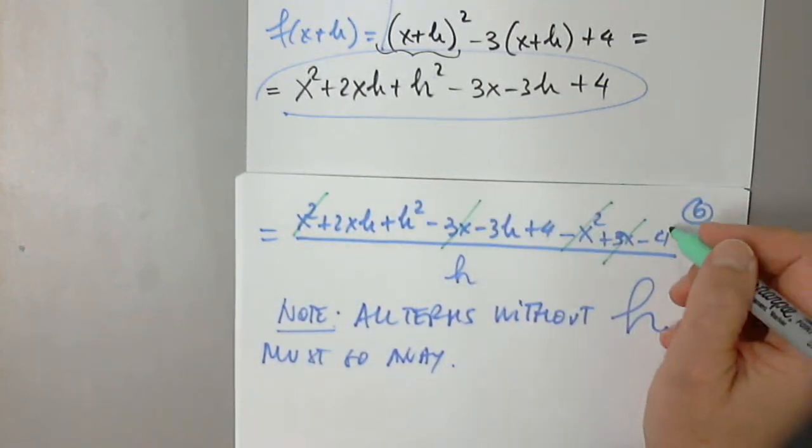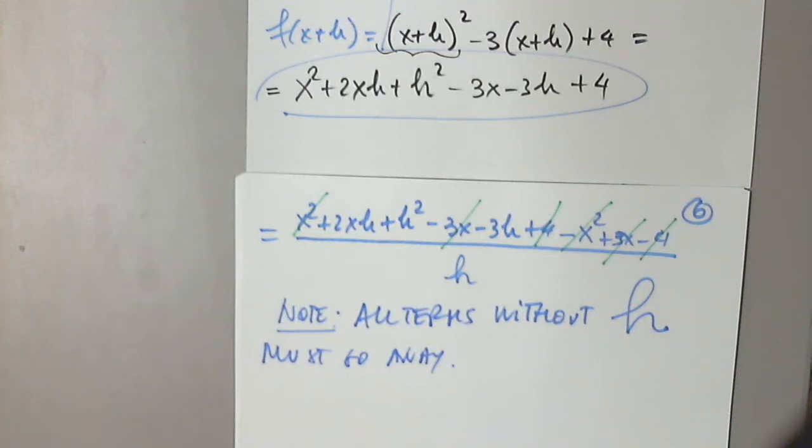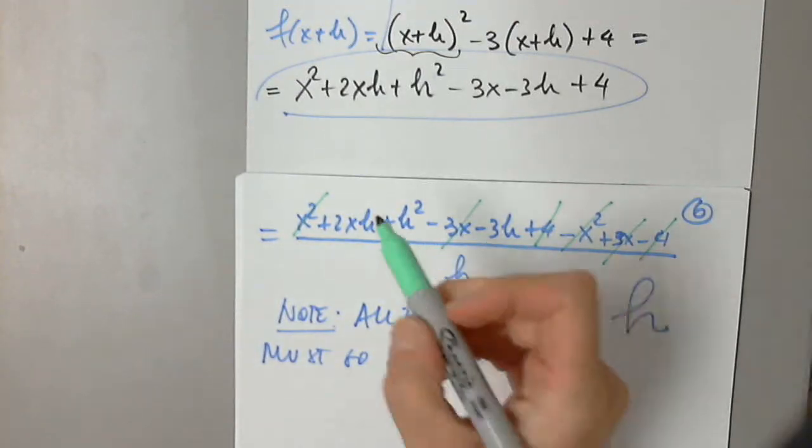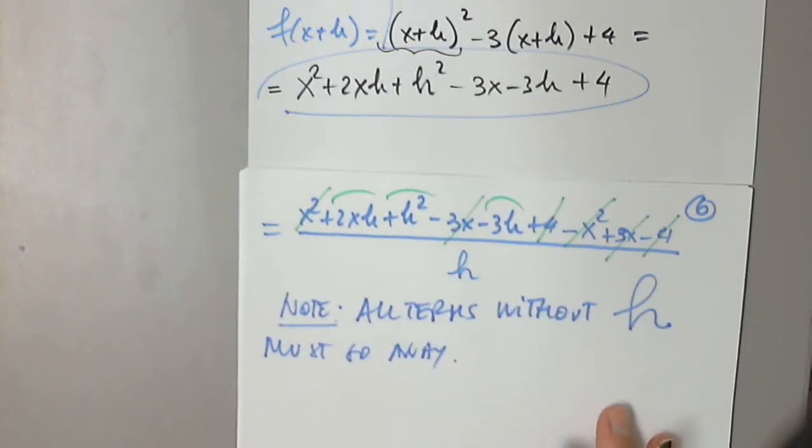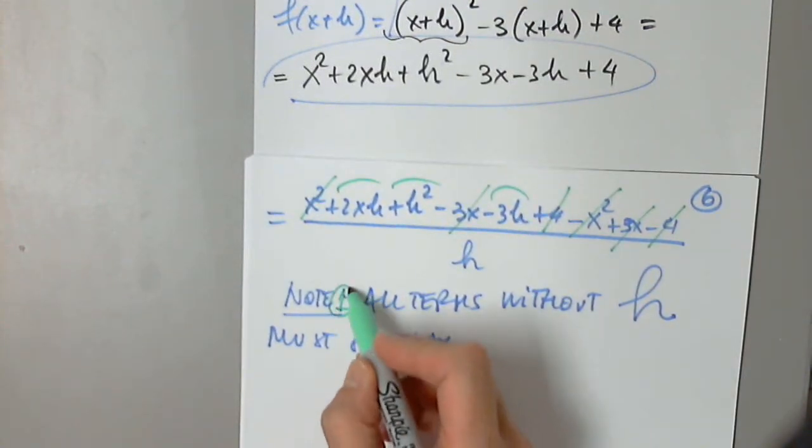Positive 3x, negative 3x, positive 4, negative 4. Are they all terms without h? Are they gone? Yes, they simplify because x squared and negative x squared, and 3x and negative 3x are going away. How many terms are left at the top? 3 terms. Good. So that was our first note.